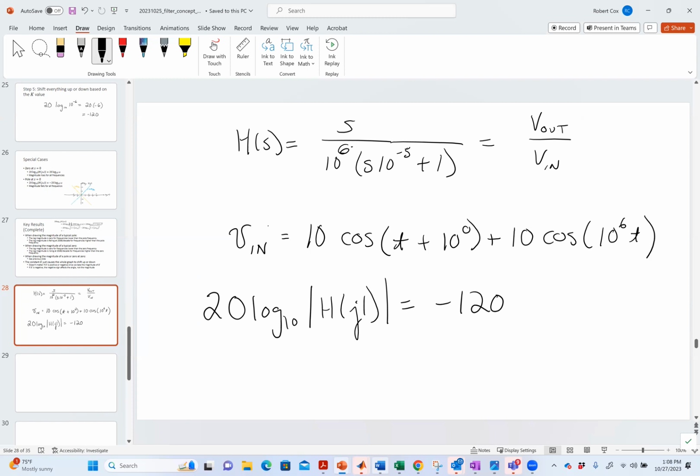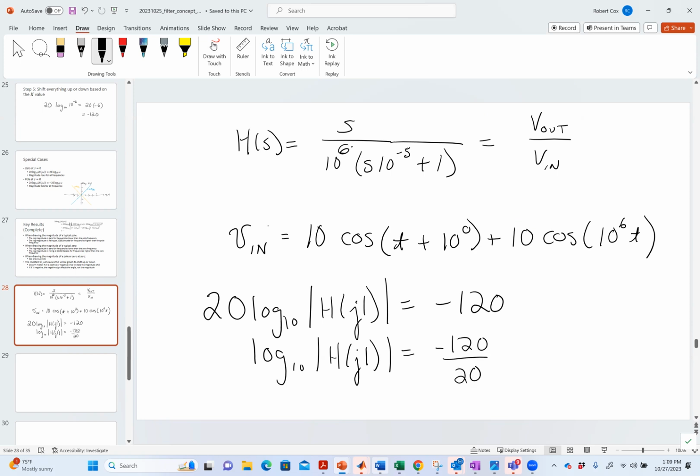So what do I do if I want to know the magnitude of H of j1? Divide both sides by 20 and then raise both sides to the power of 10. The first step is log base 10 of the magnitude of H of j1 is equal to negative 120 divided by 20.